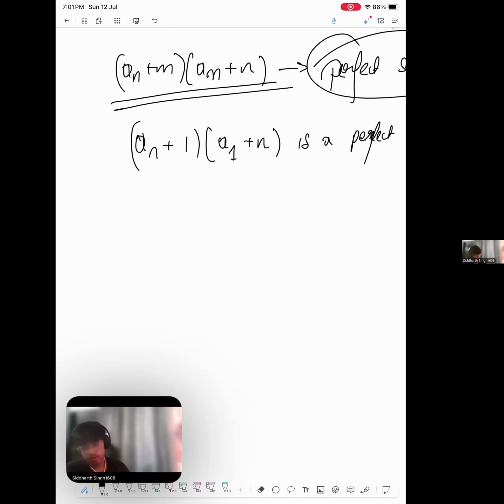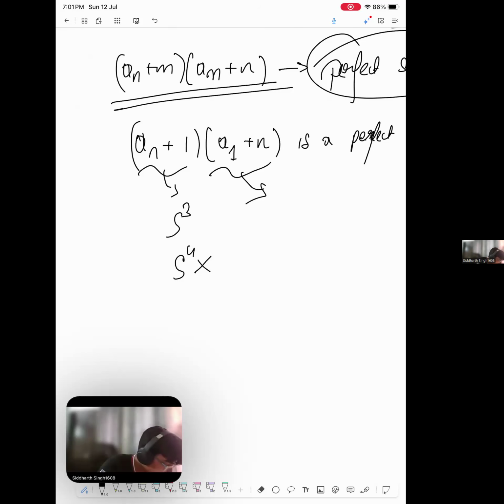Now, is there any leverage you can see from the problem? I can't see anything personally. But if I had something like 5 cubed dividing this, and 5 to the power 4 not dividing this, what would that mean? Note that the entire thing must be a perfect square.